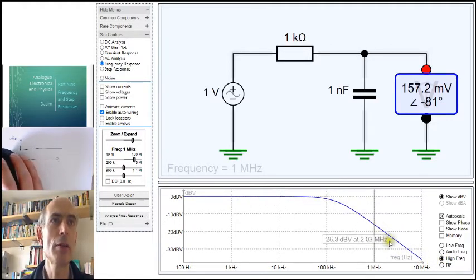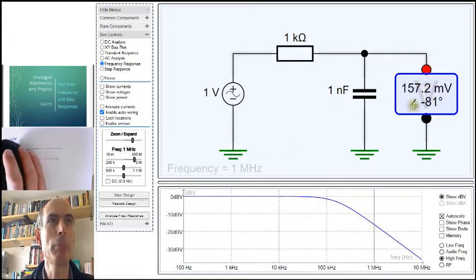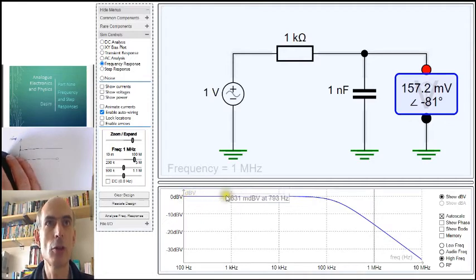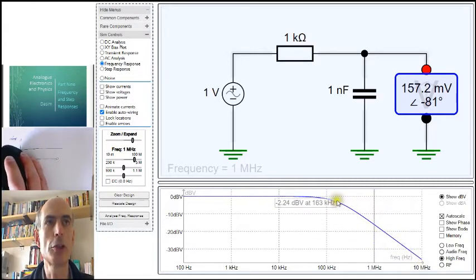And you can see that the frequency response, that's a measure of the amplitude of the output in dBV against the frequency, has the shape of a line like this, a horizontal line at low frequencies, and a sloping line at high frequencies with a sort of curve in between.